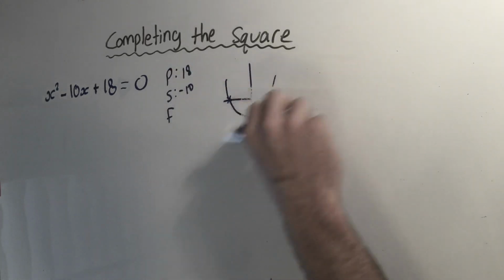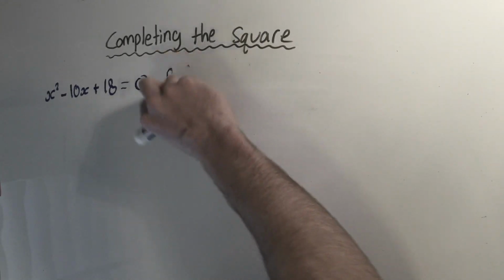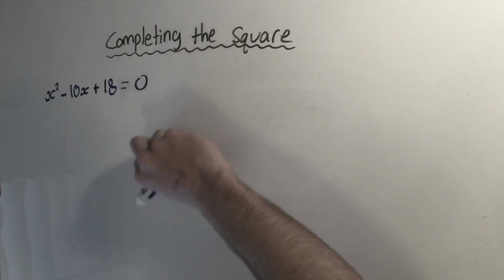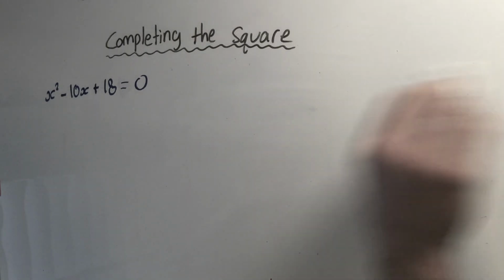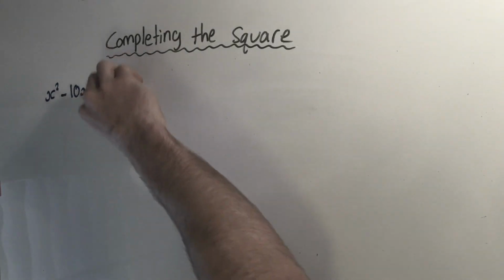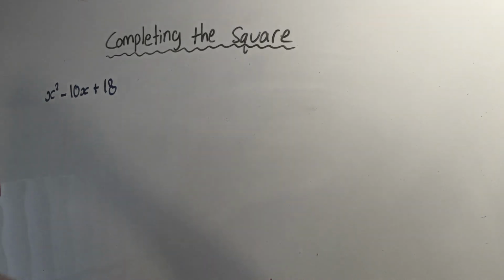So that's why we have this other method called completing the square. A question may also ask you to specifically use completing the square to factorize and perhaps solve an equation. But for now, I'm going to get rid of the equals 0. I don't need you to solve anything, but I want to rewrite this expression with two brackets so that it is fully factorized. Before we do that, there's two things you need to be comfortable with.